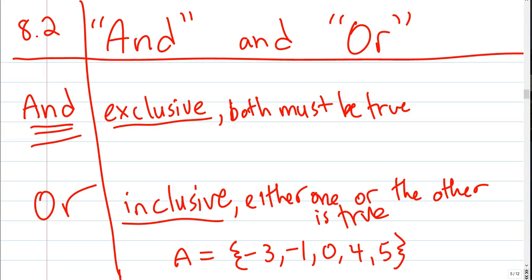That's not how you want to choose a person to have a relationship with. So just keep in mind, and is exclusive. Both must be true. You have a smaller group. Or is inclusive. Either one is true, and this is a larger group.